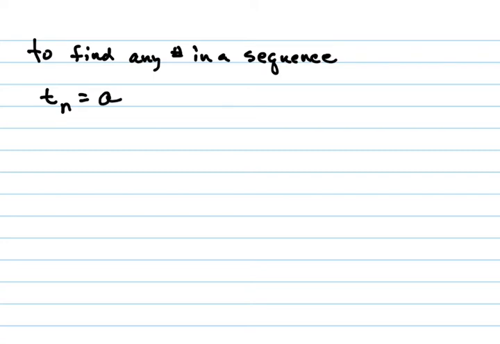The first one, let's do that one first, is always just equal to A. But any one after that is going to be equal to whatever term number you have times your common ratio. And the common ratio here is called R. Okay. So we're going to talk about how to work these in just a moment. So let's just go to the book so you can see some of these.